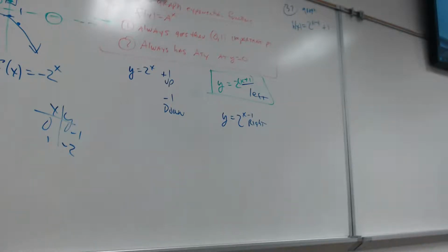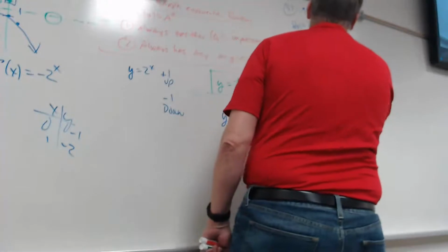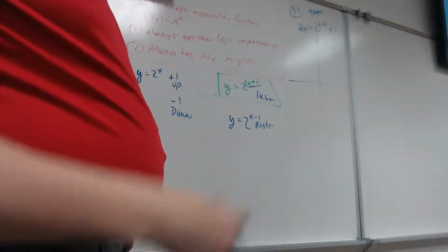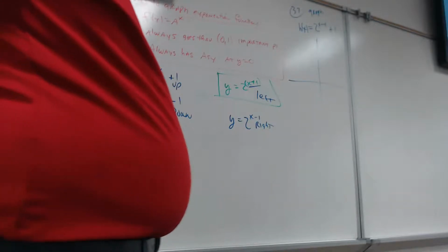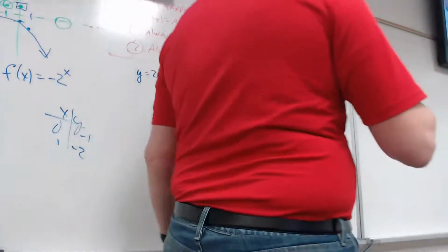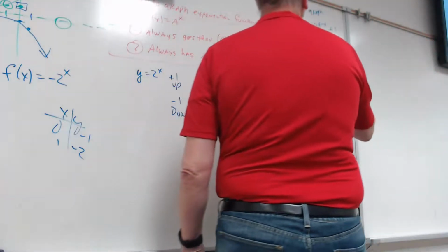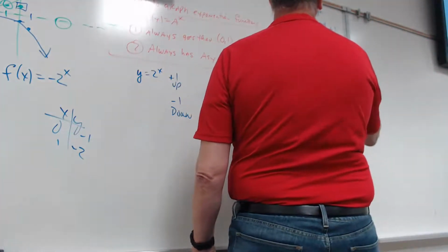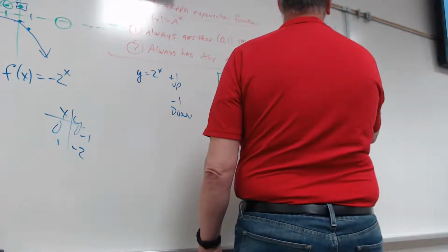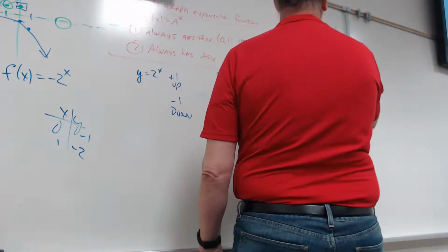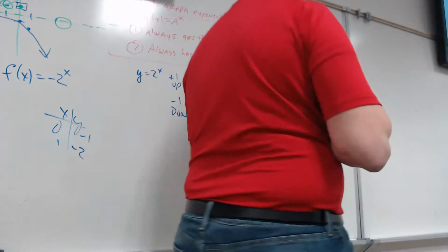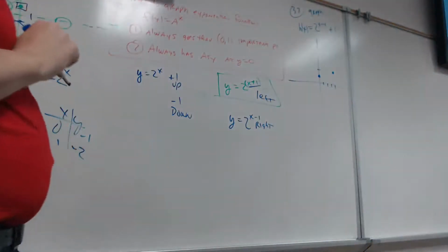So let's pick on Cameron. What do you think happens in this case? It's going to be right 4, not 1. Oh, I was picking on the other Cameron, but that's okay. You guys can tag team on it. So say it again. Right 4, up 1. Okay, so where we started here, we're going right 1, 2, 3, 4, and up 1. So my new important point is there at 4, 2, correct?